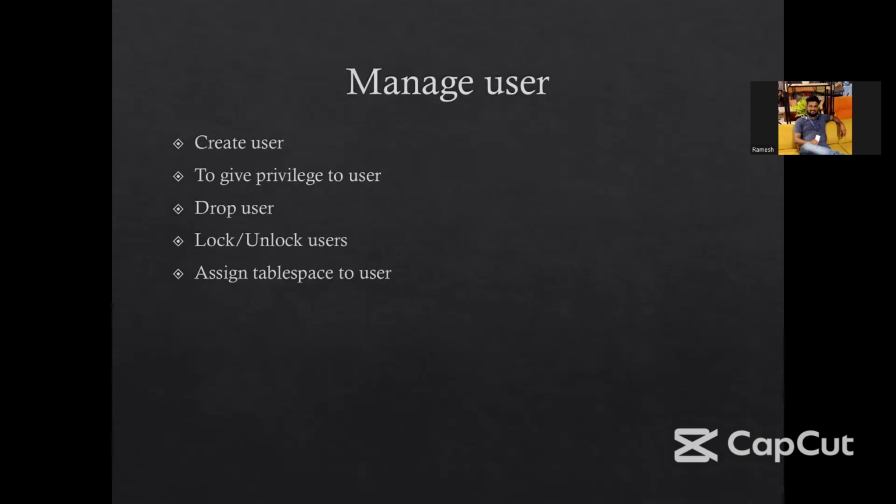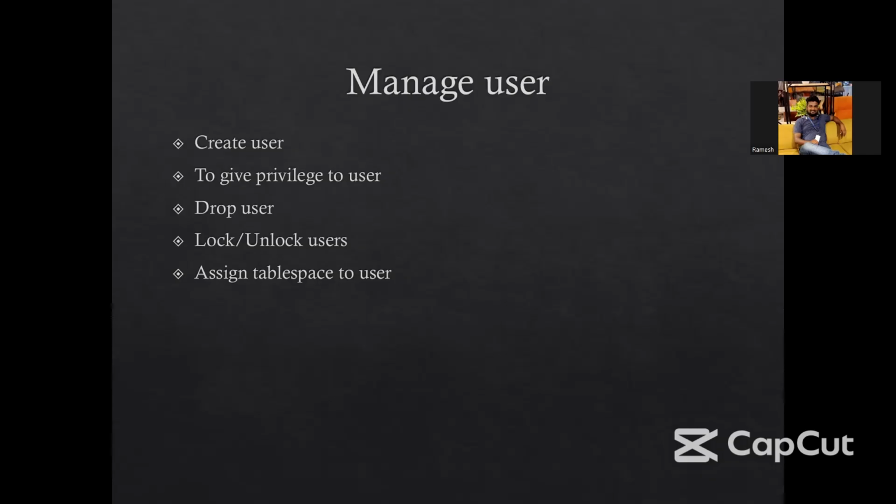Okay, in the next slide. So first we are going to discuss how to create the users. Okay, so under managing users, the chapter is how to create the user. So how to create the users, how to give privileges to the users, how to drop the users, how to lock and unlock the users, and how to assign the table space to the users.